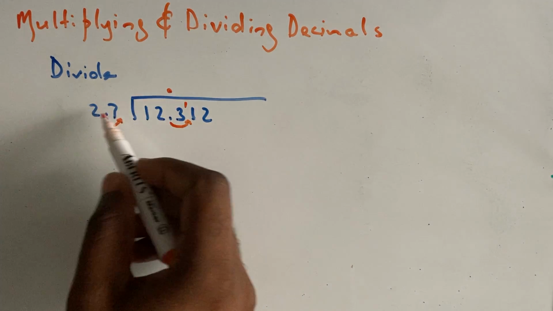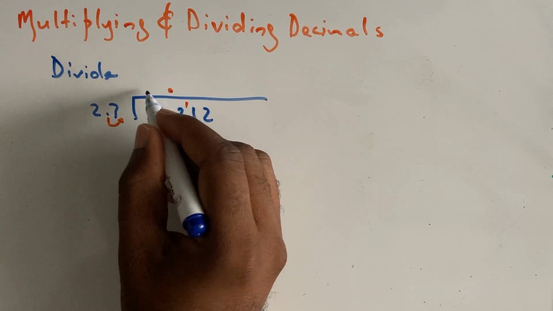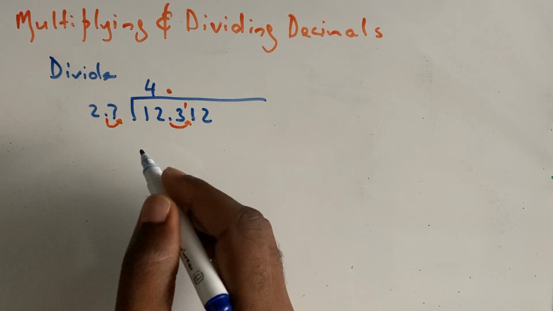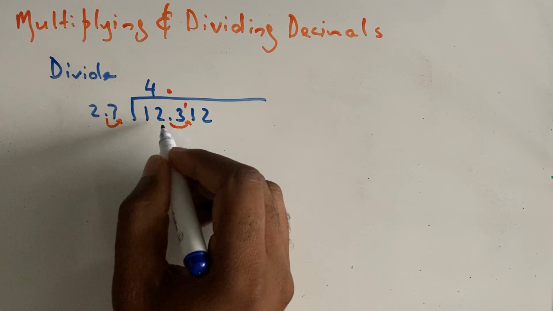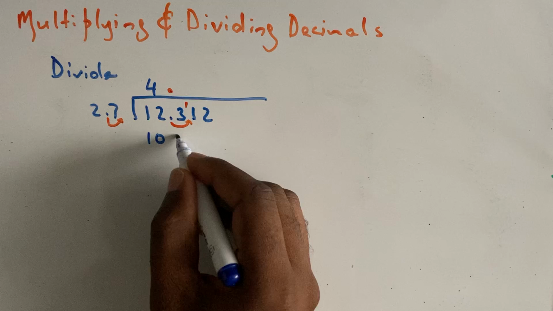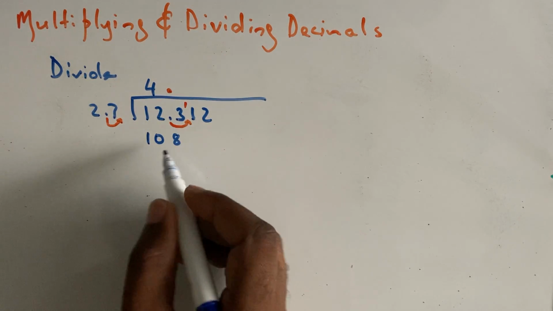You can use your brain or multiply, depending on how well you know your times tables. That would be 4 times. 4 times 27 gives you something close to 123, which is 108, because 4 times 7 is 28.